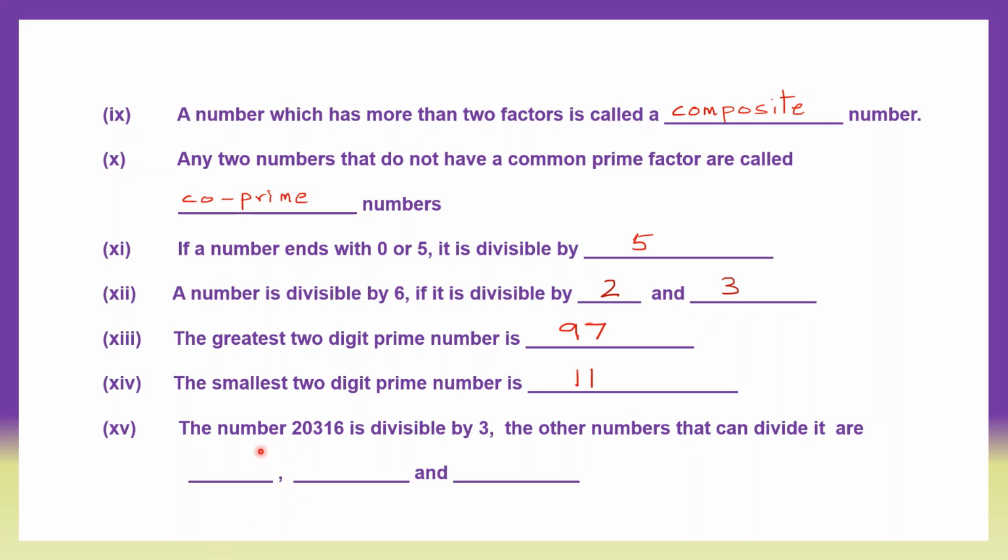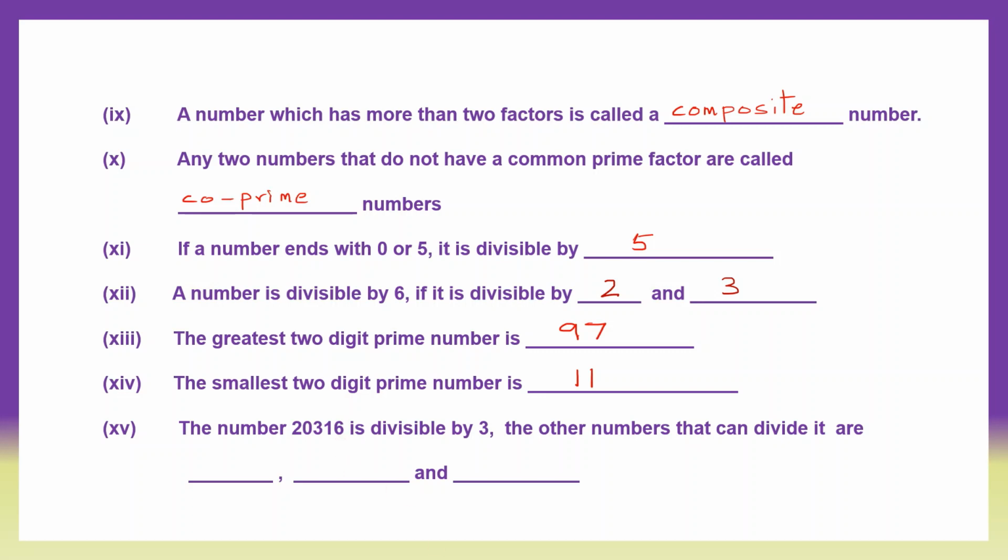Question 15. The number 20,316 is divisible by 3. What are the other numbers that can divide this number? Using the test of divisibility, we can think of a few numbers that can divide this. If you look at the last digit, in the ones place, we have 6, which is an even number.